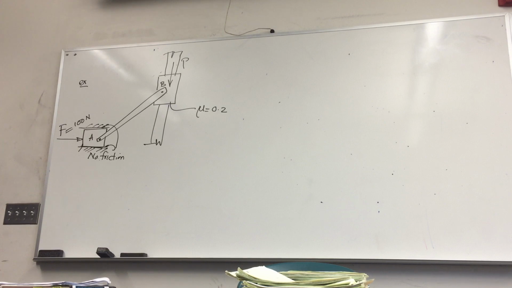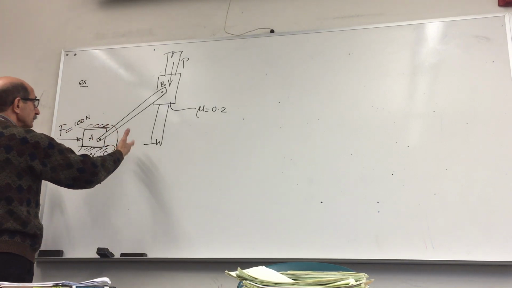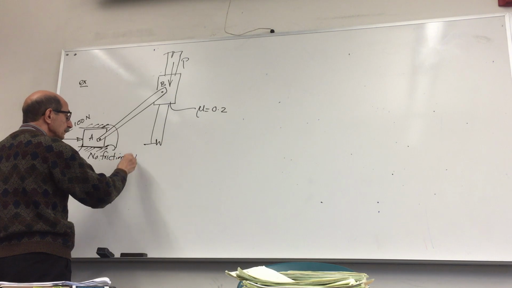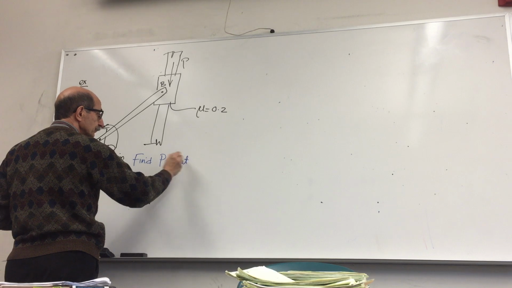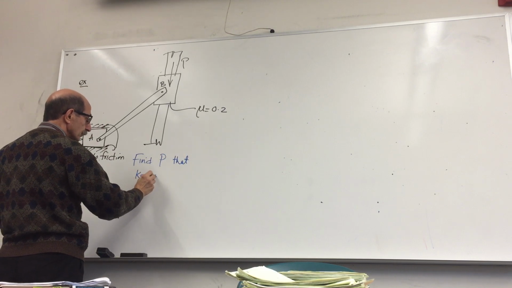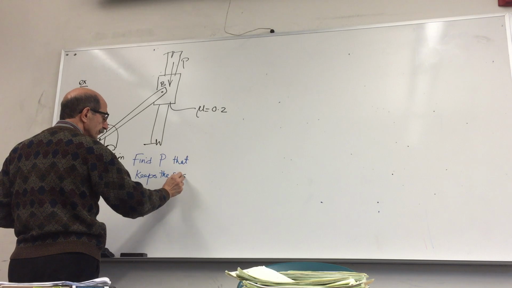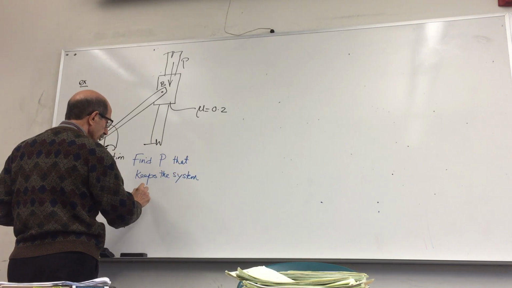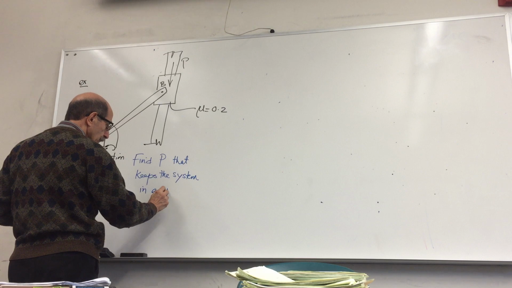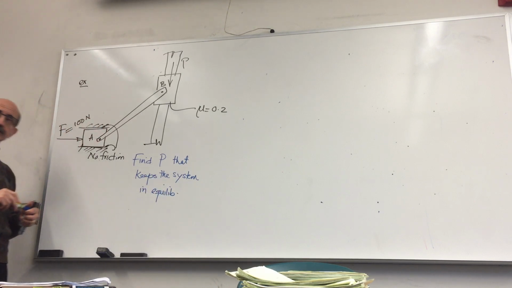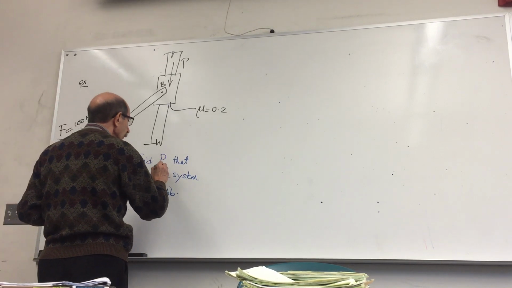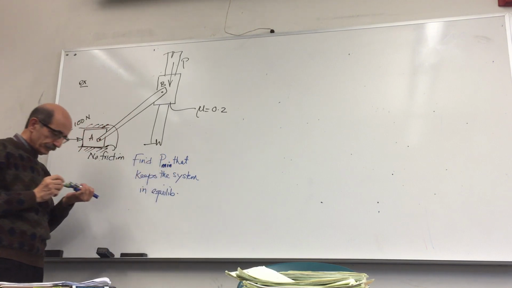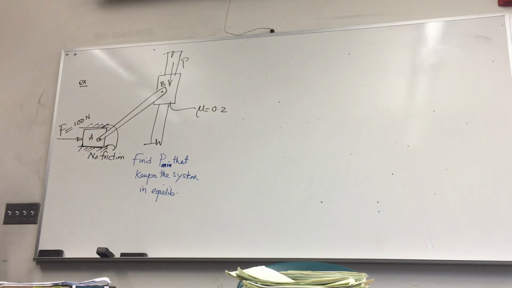Since the problem statement here says, find P that keeps the system in equilibrium, we would immediately recognize this is the first type of problem. In fact, the problem statement is find the minimum P. Okay, so what is the procedure?